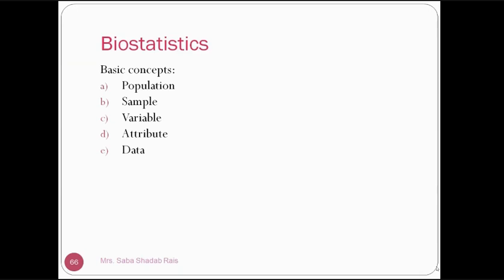Some basic concepts are there. These concepts are very important to remember, because these are terms we are going to use again and again in biostatistics. So we must know the meaning, or the definition, of such terms.